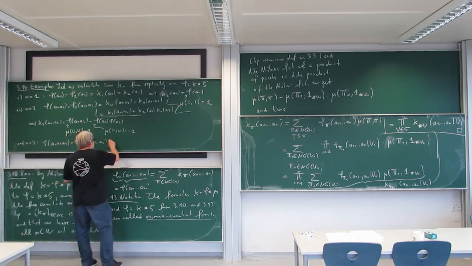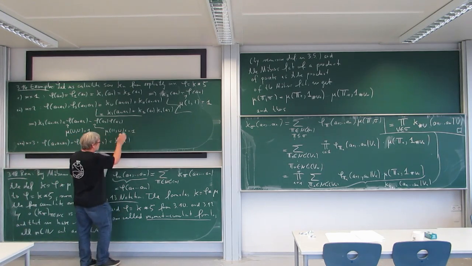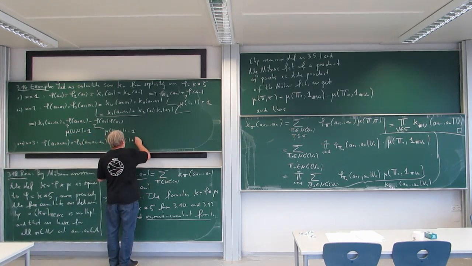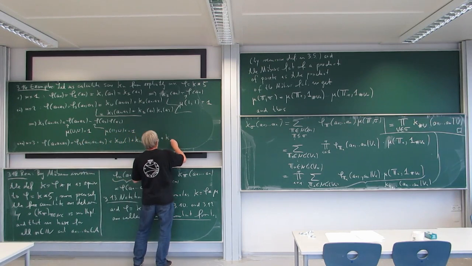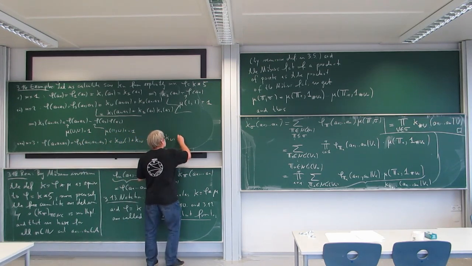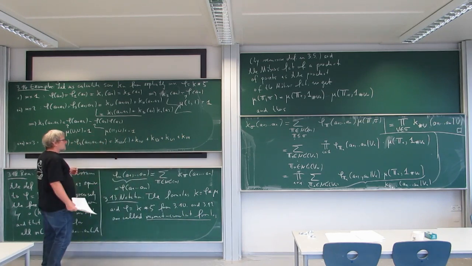So what I get here is the kappa of this. Of course, I have the arguments, which I will not write in a moment. Also, kappa of this, plus kappa of the last one, which only has 3 singletons.